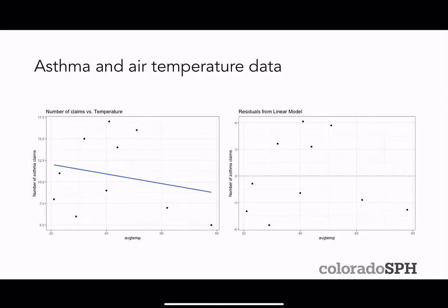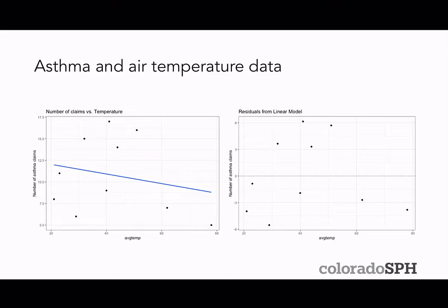Some plots from that linear regression model are shown here. On the left-hand side, you have the points of the data plotted, the number of asthma claims against the average temperature, and the blue line is the linear regression line fit through the data. And from this fit, we see that the average number of asthma claims is lower for higher air temperatures.